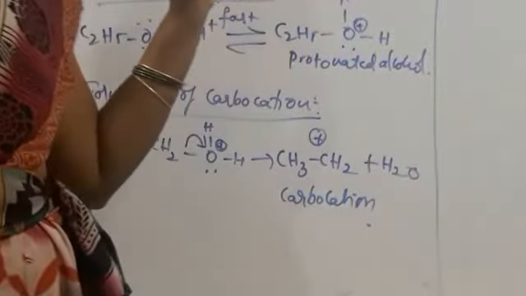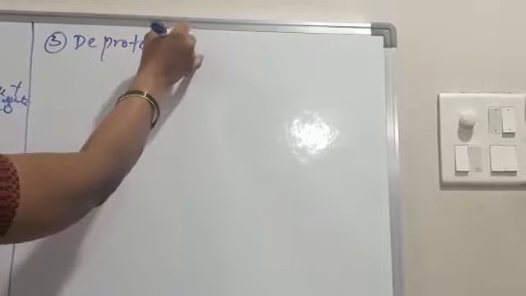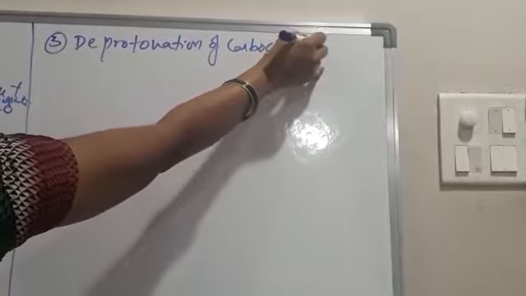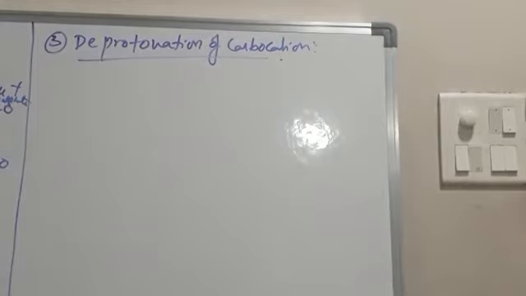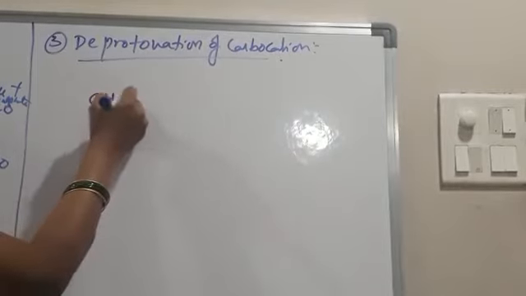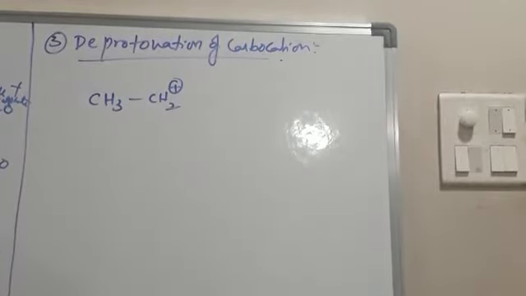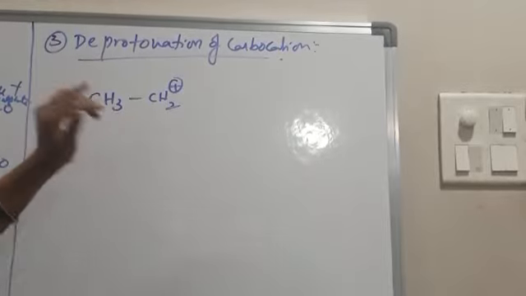Here the ethyl cation, which is formed in the second step, loses one proton.